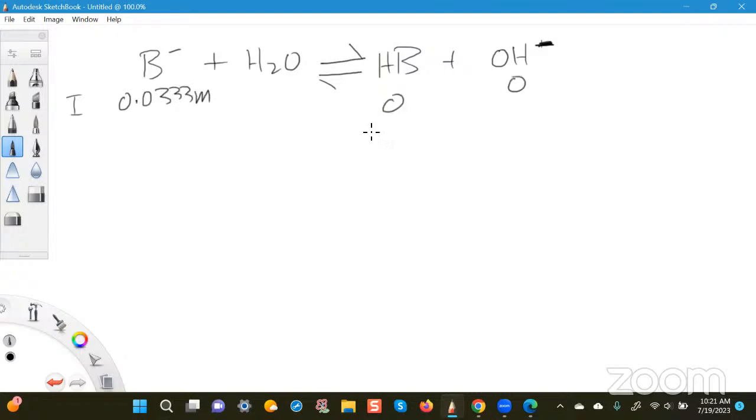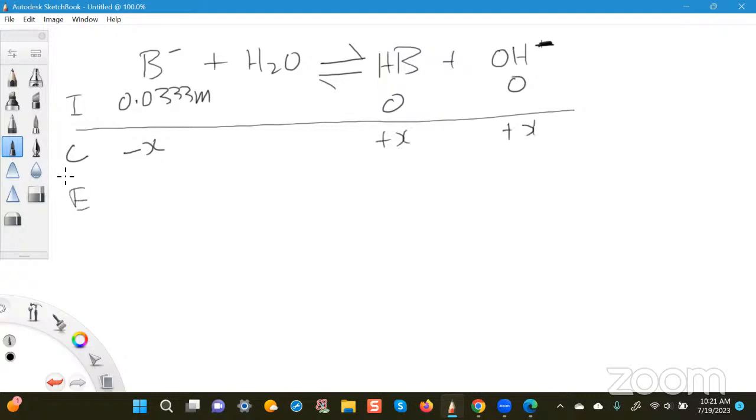We have none of that. So the change here is going to be minus X. Remember, we have to say minus X. We don't know what the change is because the system is in equilibrium. And the change for the HB would be plus X. And the change for the hydroxide will be plus X. So at equilibrium, you're going to have 0.0333 minus X, here you're going to have X, and here you're going to have X.